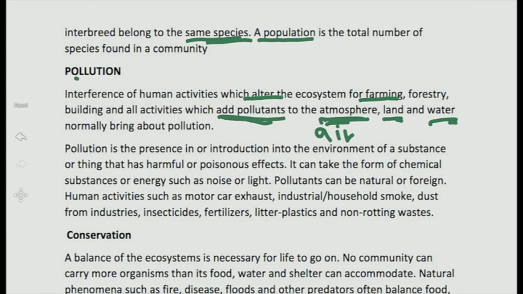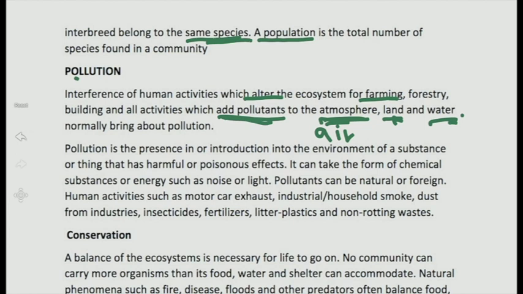Then that will affect the land, which means we'll have land pollution, and then the pollutants that will be deposited in water, which will affect water, will be forming water pollution.